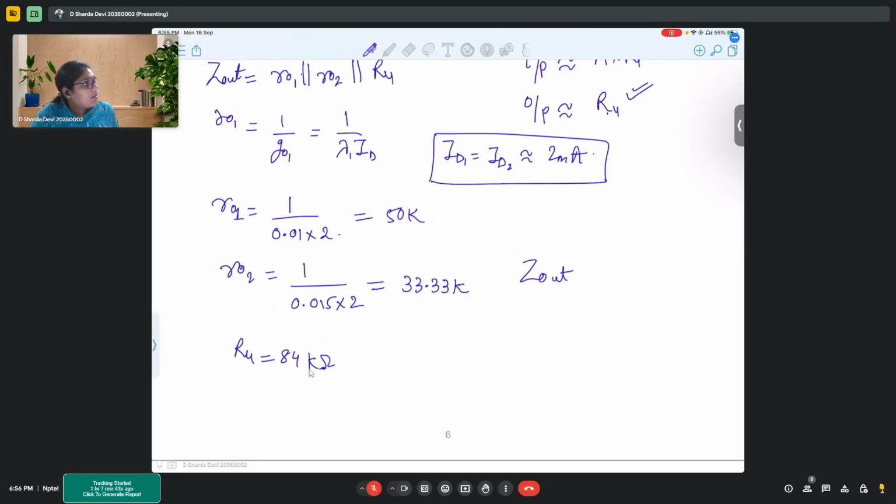So what should be your Z out, which is R naught 1 parallel R naught 2 parallel R4? What is the value that you would get for Z out?